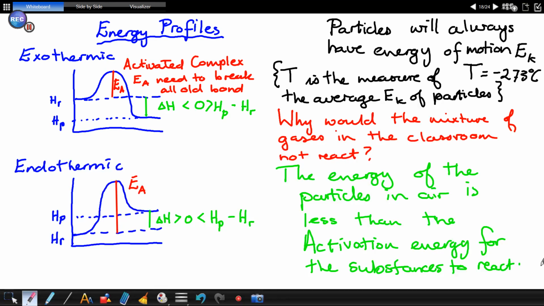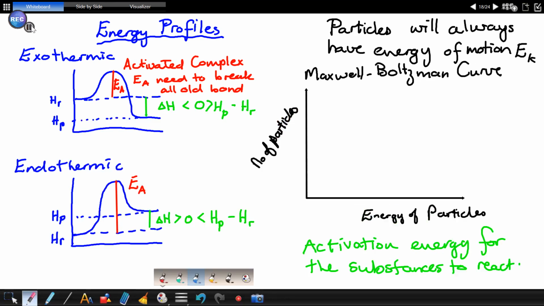Can I move on, because there's now an interesting graph that explains the situation. So I want to explain the Maxwell-Boltzmann curve with your understanding that the majority of the particles do not have enough energy to react.